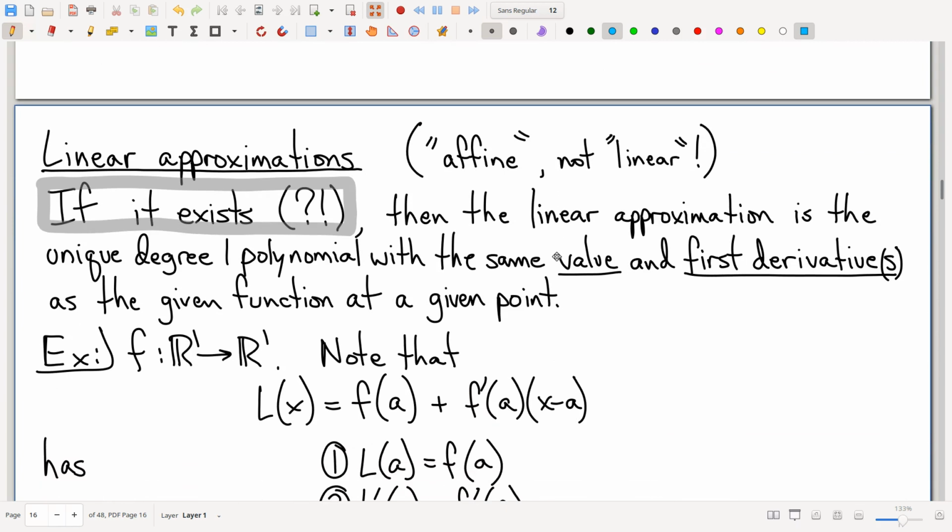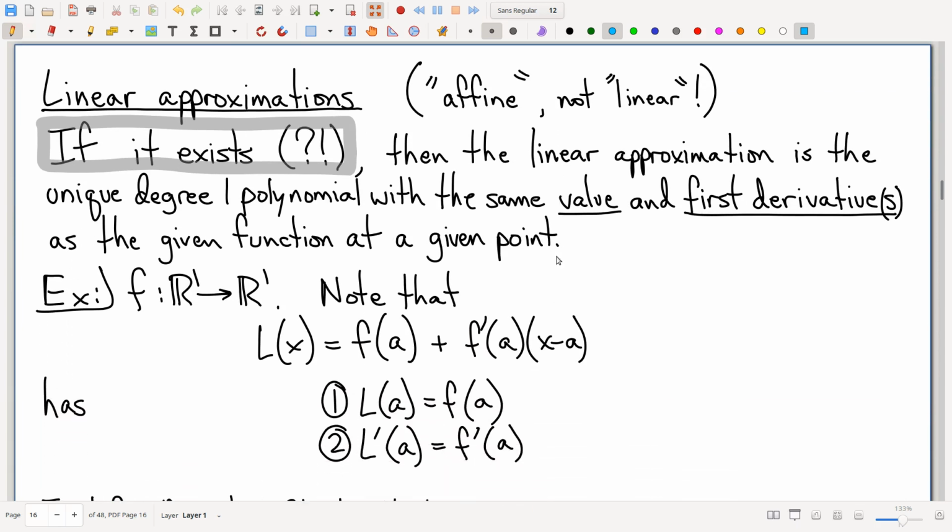Okay. Next thing, linear approximations. Y'all have seen single variable linear approximations. Oh, by the way, real quick, everything I'm going to say about linear approximations is on the assumption that they exist. That seems silly, but it turns out that there's actually a lot of subtle and sophisticated work that has to be worried about to show that linear approximations actually exist.